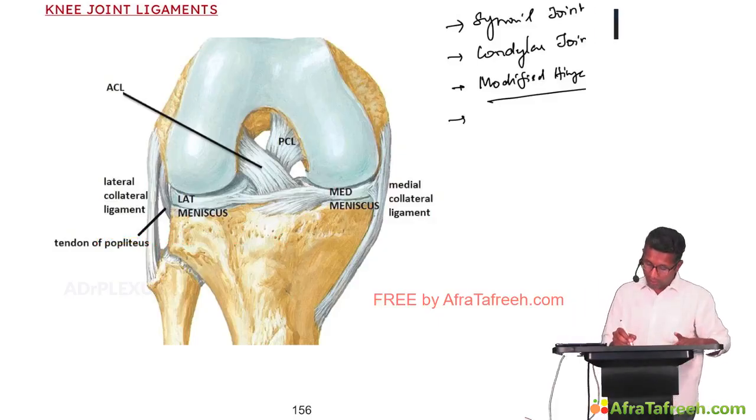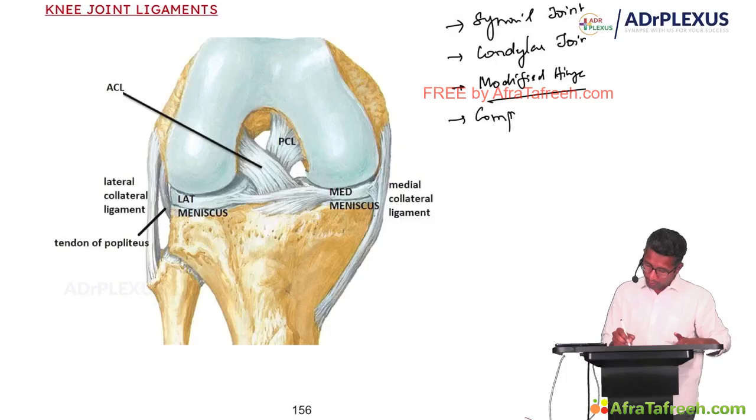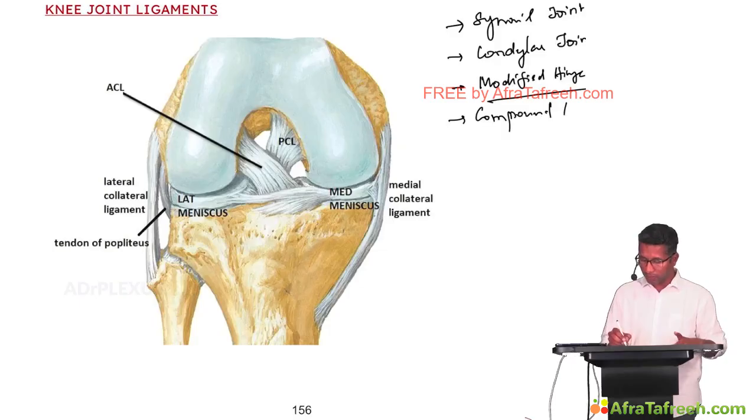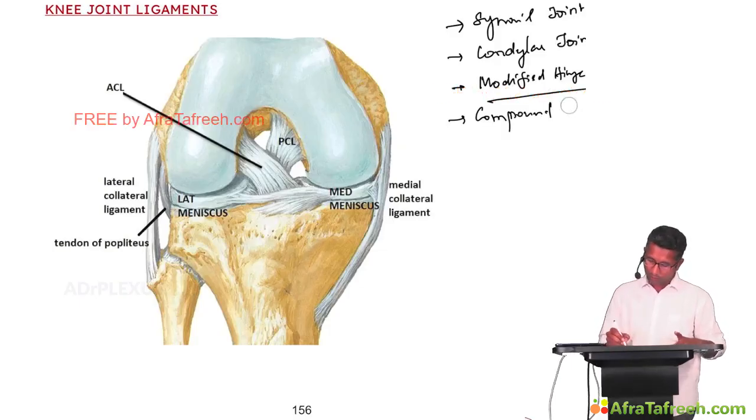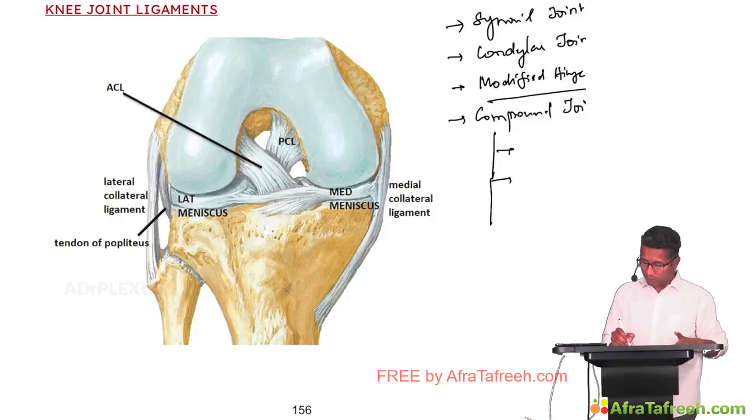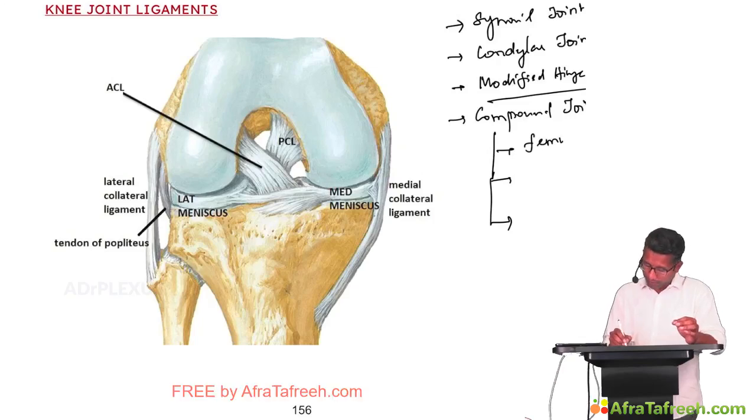This is again a compound joint. What do you mean by a compound joint? When more than two bones articulate, that is called a compound joint. Now tell me, what are the three bones which articulate here?